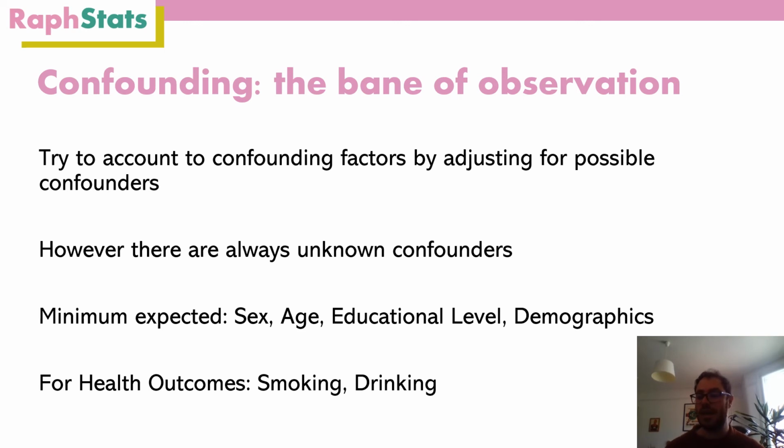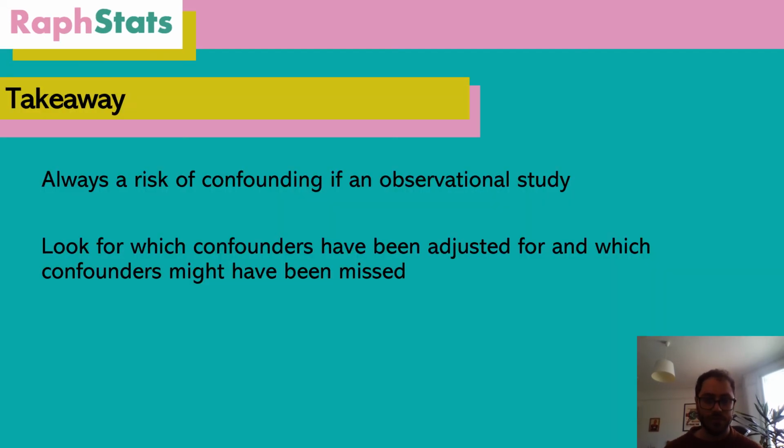You can always say this seems to have robustly adjusted for all the things it can, but there may be some unknown confounding, and that might be why we then go on to do a trial to prove what we think. So confounding is very important in observational studies. That's our takeaway, really. You want to look for the confounders that have been adjusted for, look at what might have been missed, and then think that there's always a risk, even if they're being quite robust.